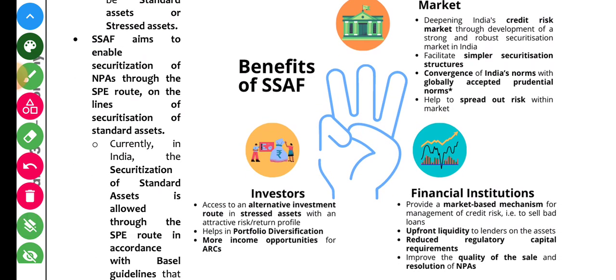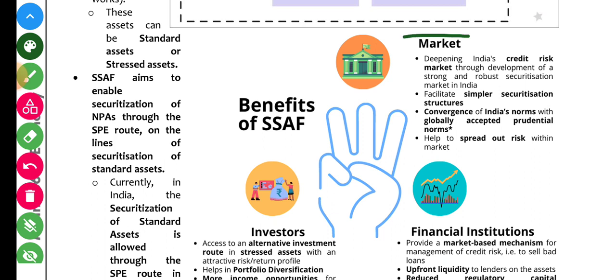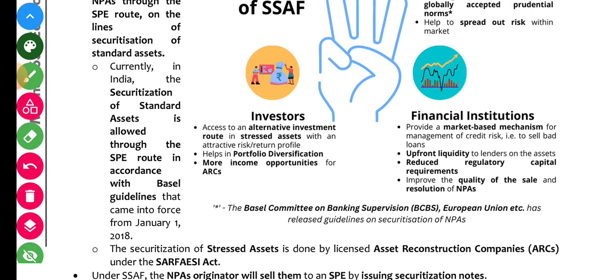Okay, and the benefits of the stressed asset framework for the market: deepening India's credit risk market, facilitate simpler securitization structures, convergence of India's norms with globally accepted prudential norms, help to spread out risk within the market. For investors: access to an alternative investment route in stressed assets with an attractive risk or return profile, helps in portfolio diversification.